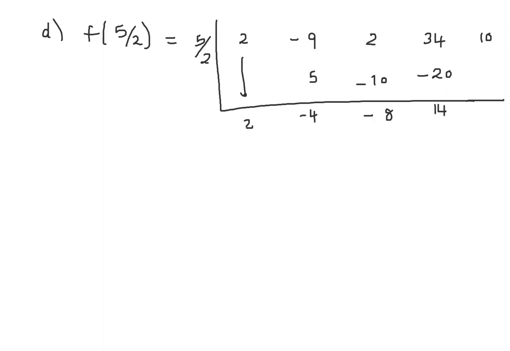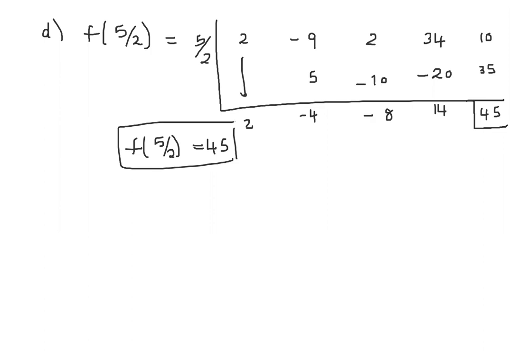So it's going to be 35. So the answer is 45. So f of 5 half is 45. You can use the calculator when you're multiplying fractions.